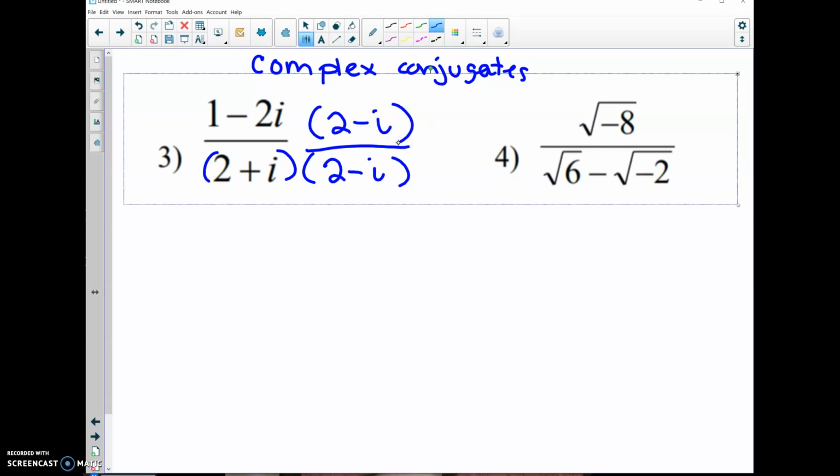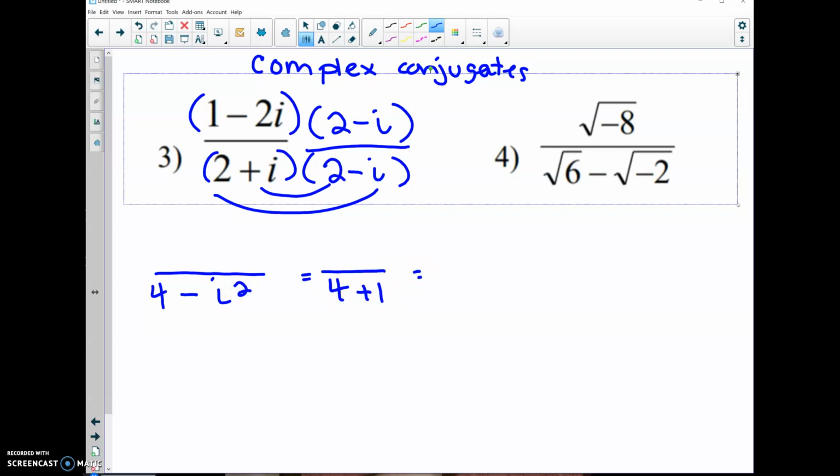On the top, we're going to need to FOIL, so let's put parentheses around here. In the denominator, foiling that, 2 times 2 is 4. Your inner and outer terms cancel, so we don't need to write them. And then minus i squared, so that is 4 plus 1, which is 5 in the denominator.